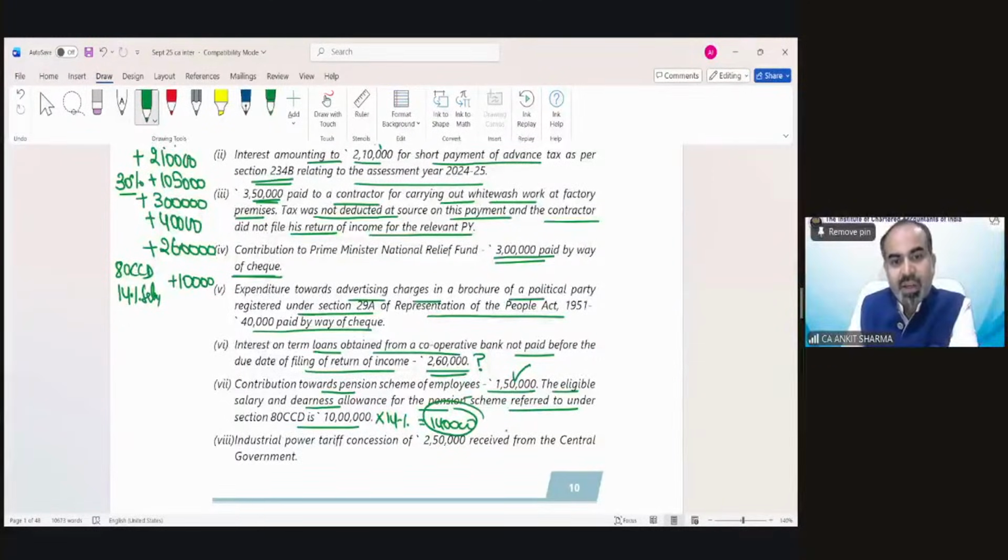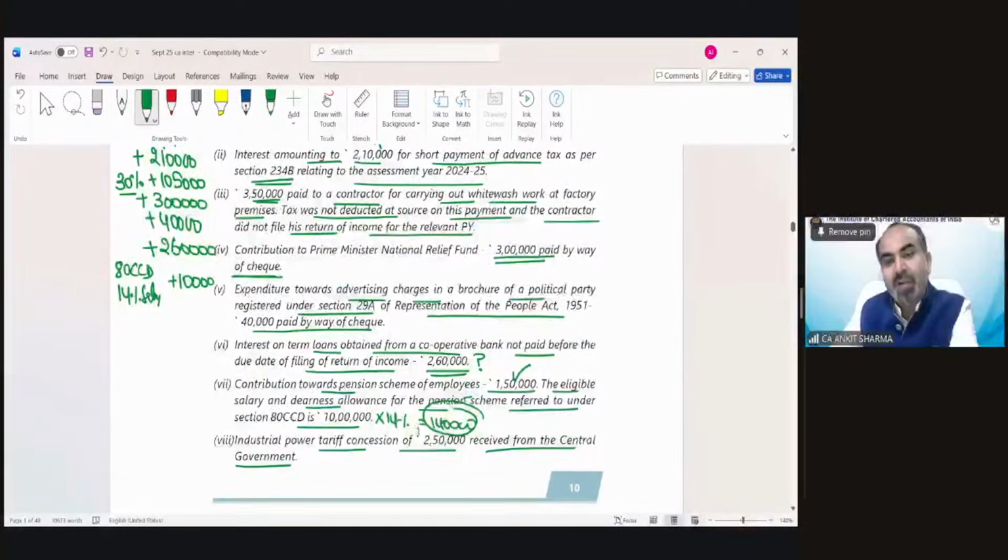Next is industrial power tariff concession. Now you need to tell me what should be the treatment of this. This is very interesting. Industrial power tariff concession of 2,50,000 received from the central government.